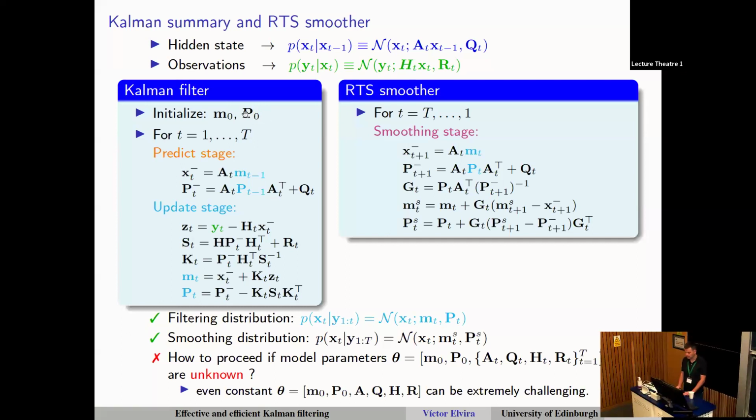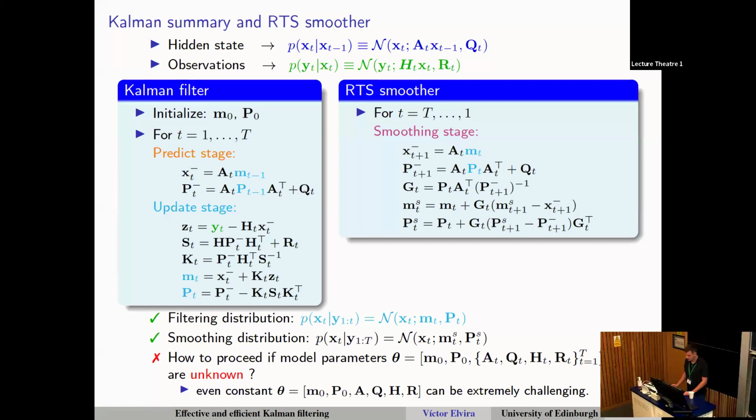But what is very relevant is the matrix A, the matrix that encodes the dynamics of the latent state, matrix H, that tells you how your observations are related to the latent state, and then these two covariance matrices. These four parameters potentially may be different at each time step. If you don't know them, there is nothing you can do. You cannot run the Kalman filter without knowing this.